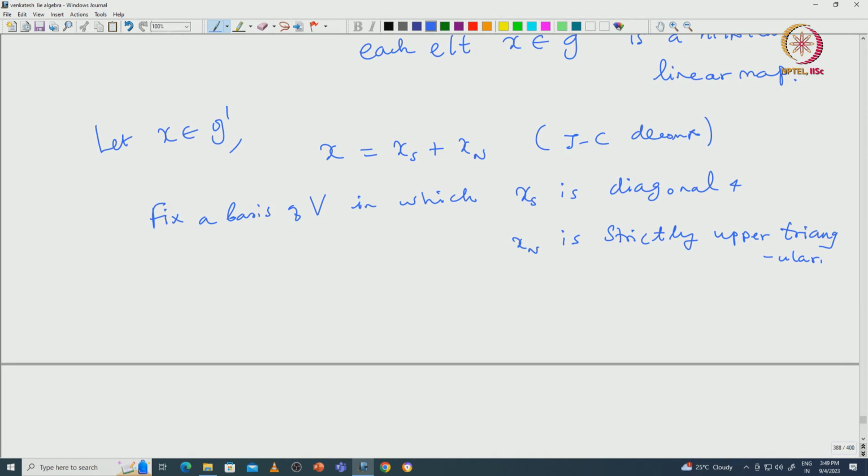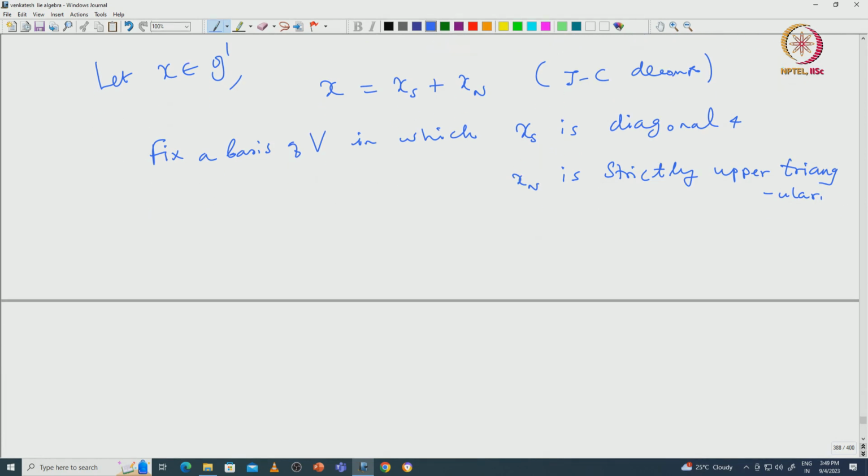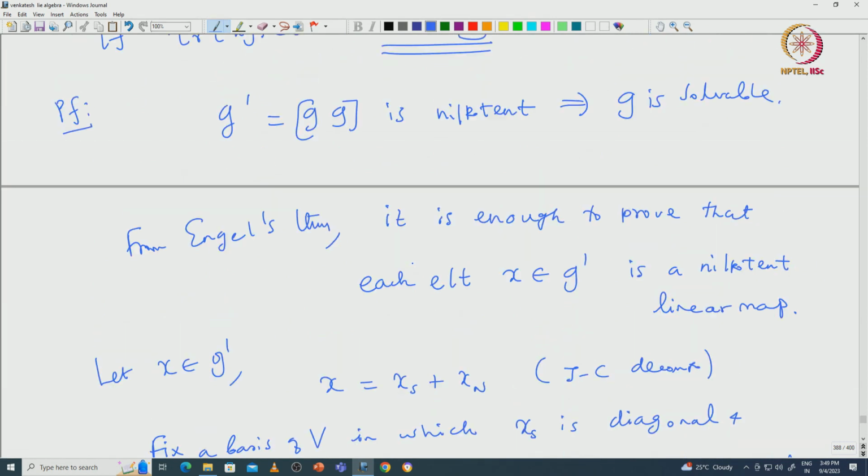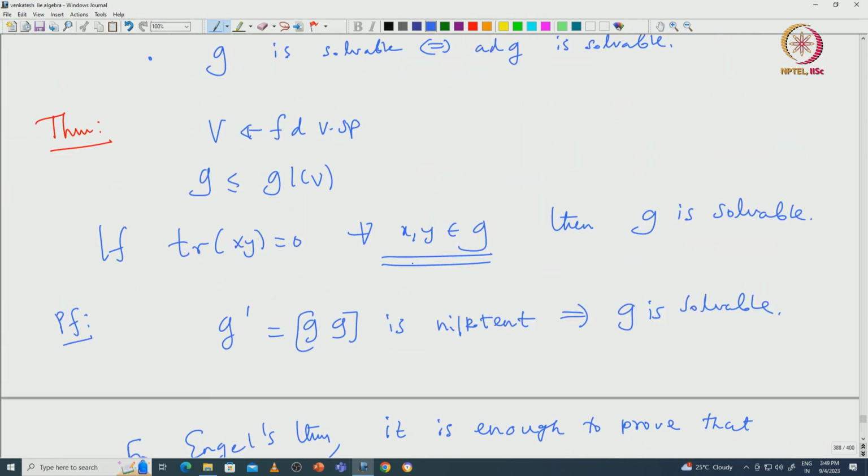Okay. Since xs is diagonal, we can call those diagonal entries lambda 1 etcetera lambda m. So, write this diagonal matrix as lambda 1 etcetera lambda m, where m is the dimension of the space. So, we fix the dimension of the space to be m.